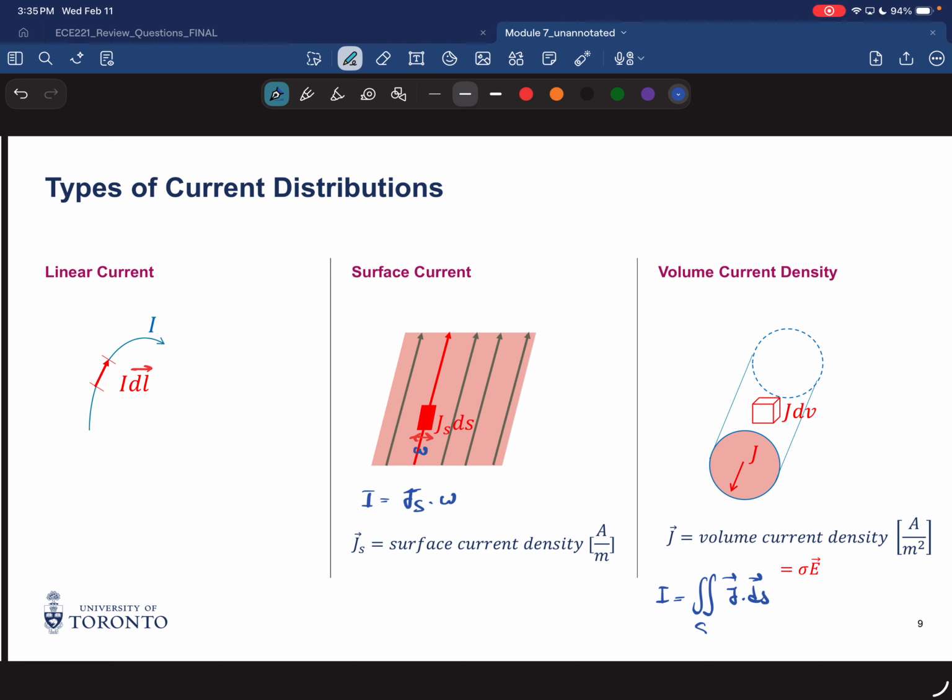And this is S. If I wanted to find I here, that would be Js dot, I don't want to call it dl, it's dw, let's say. Js dot dw through the width of this trace. This is the width.